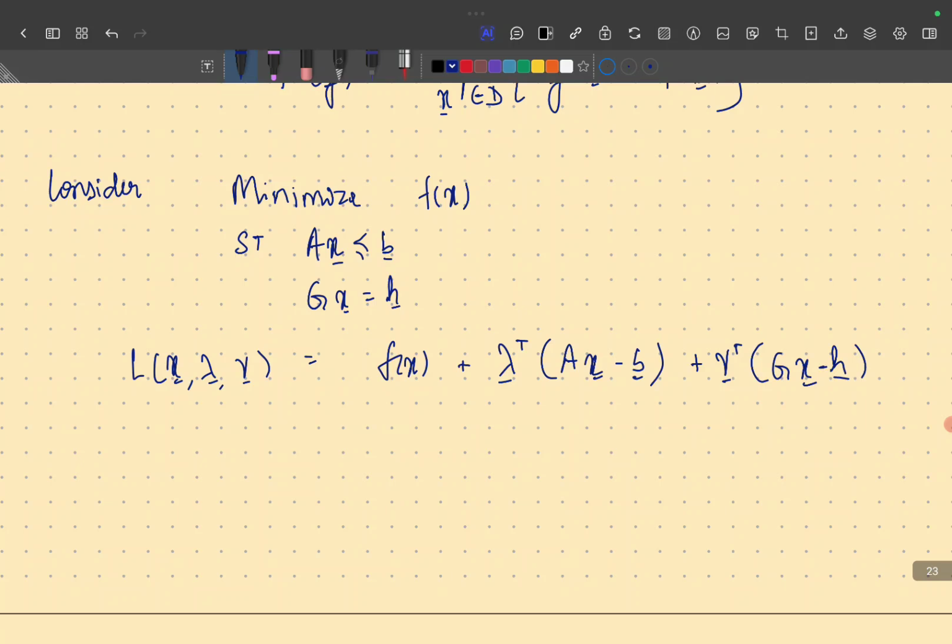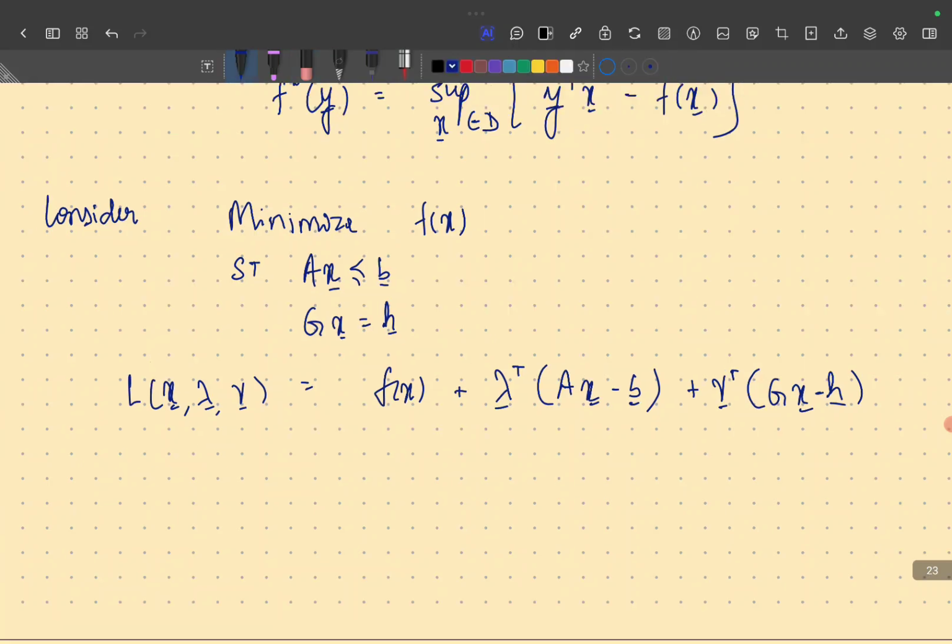And I want to take the infimum of this with respect to all x in the domain. So g of lambda comma nu is the infimum of the entire right hand side, but maybe even before I do that, let me simplify the right hand side just a little bit.